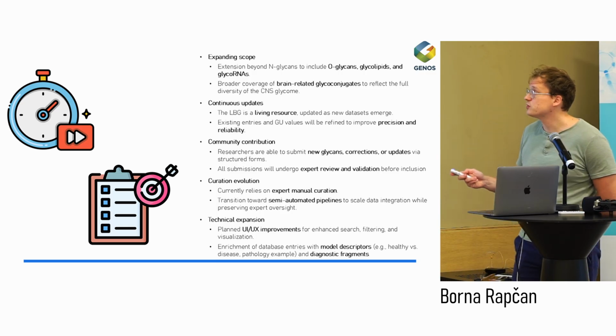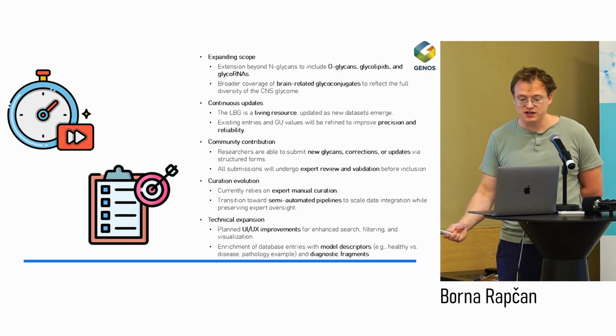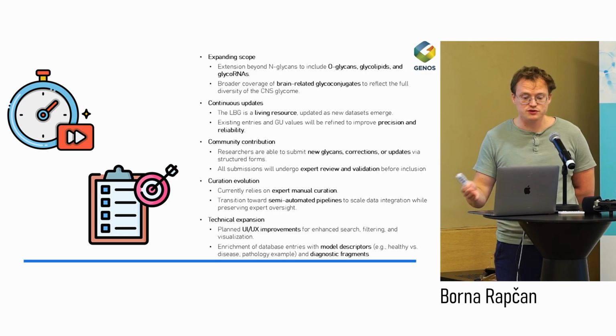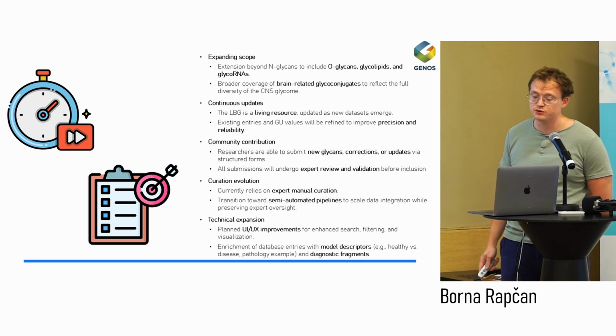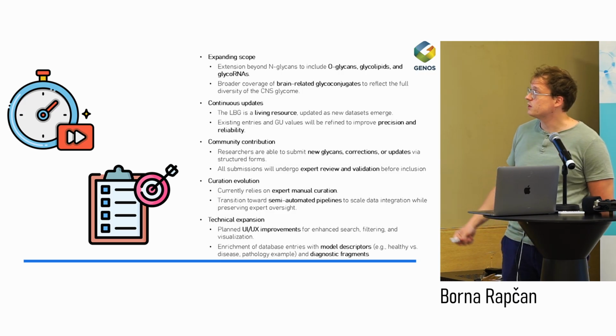Community contribution is going to be very important. So one team cannot fill the entire database. We need contributions from the community, from researchers all around the world to send their data, so we can include them in the database so we can make the tool most useful to everyone.